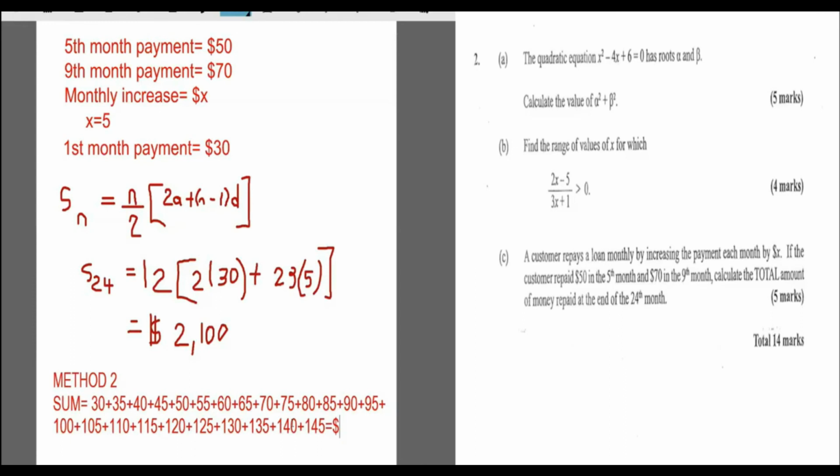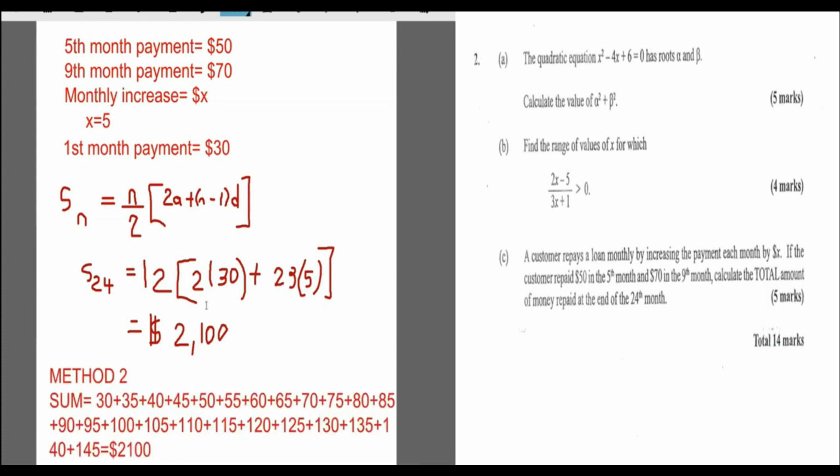Ooh, so much adding. And you'd have gotten your same $2,100. All of that for that. Nice and easy.